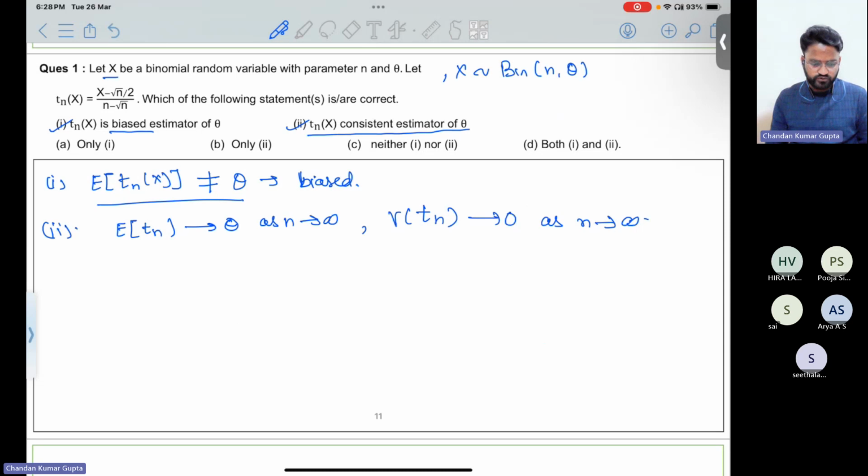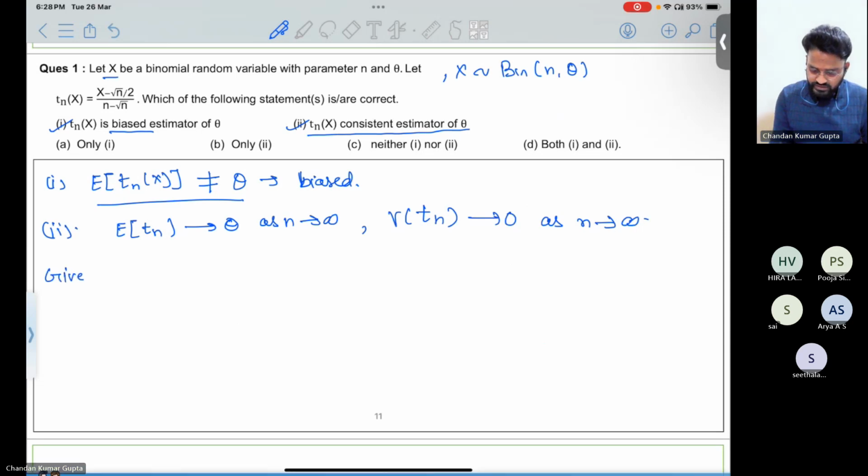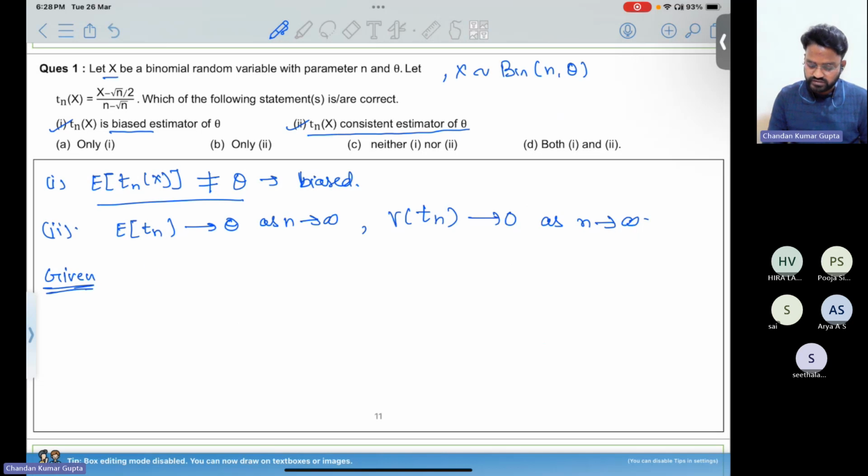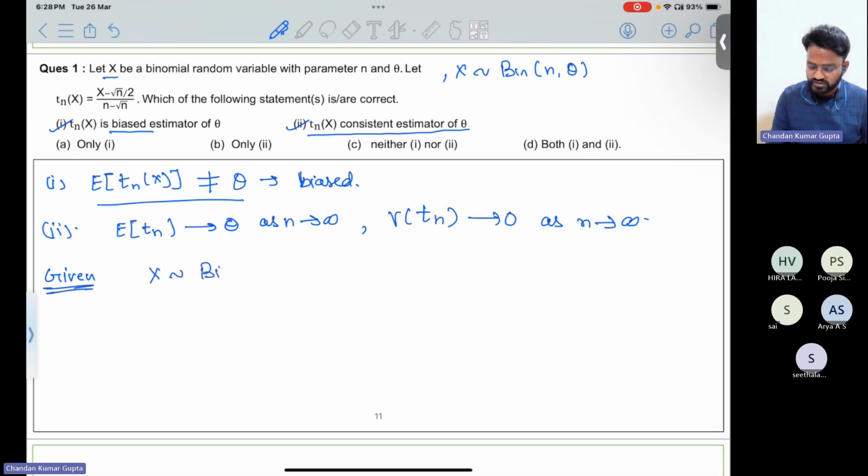Let's start. It is given that X follows binomial n, theta. And for binomial we know that the expected value of X will be n theta and the variance of X will be n theta (1 minus theta).